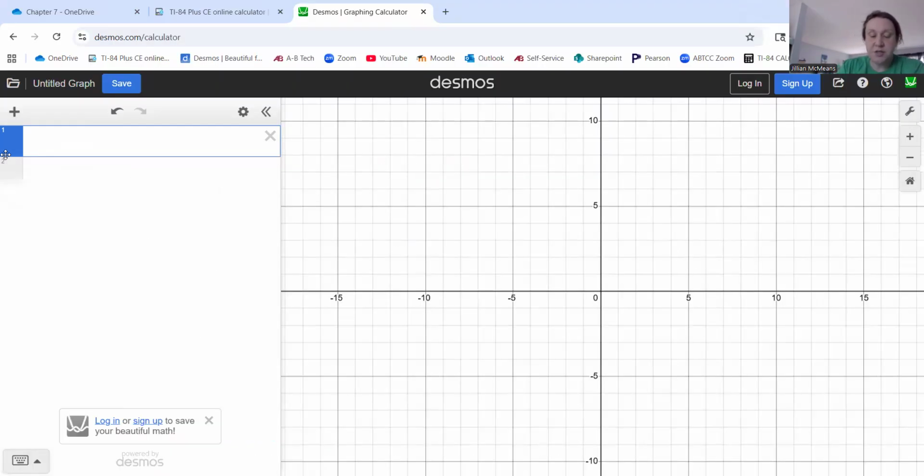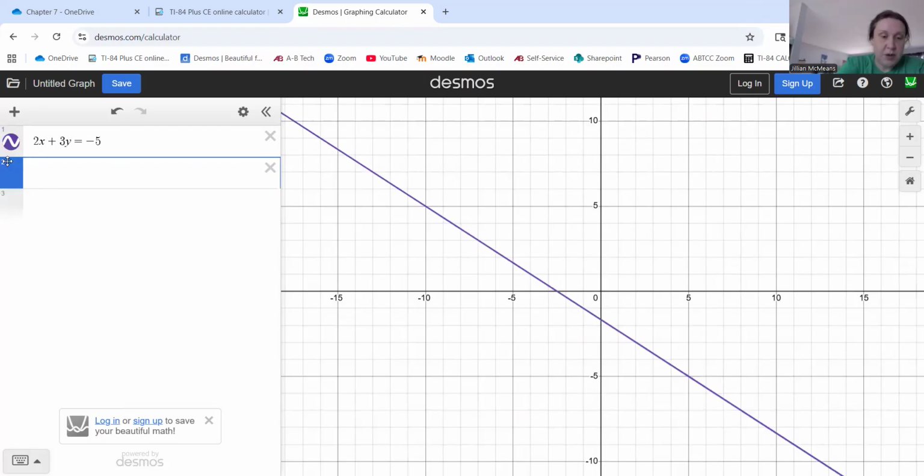So for the first system, we had the equations 2x plus 3y equals -5. And then the other equation was 7x minus 3y equals 23. And we're looking to see what that point of intersection is.